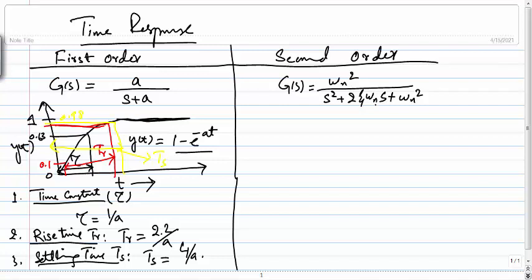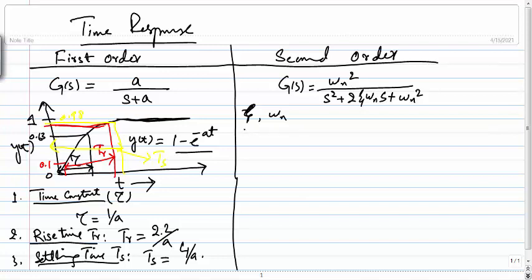Now important here are these two things: one is zeta and the other is omega n. Zeta is the damping ratio, omega n is the natural frequency. Now we have some information here with respect to zeta and omega n.